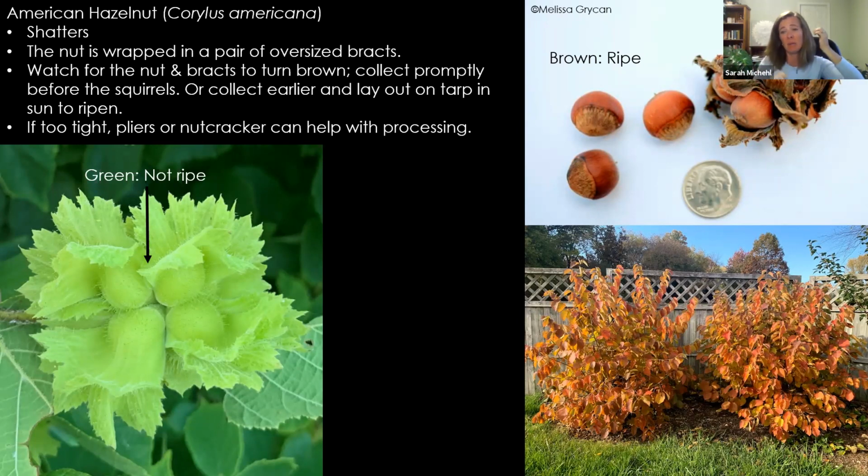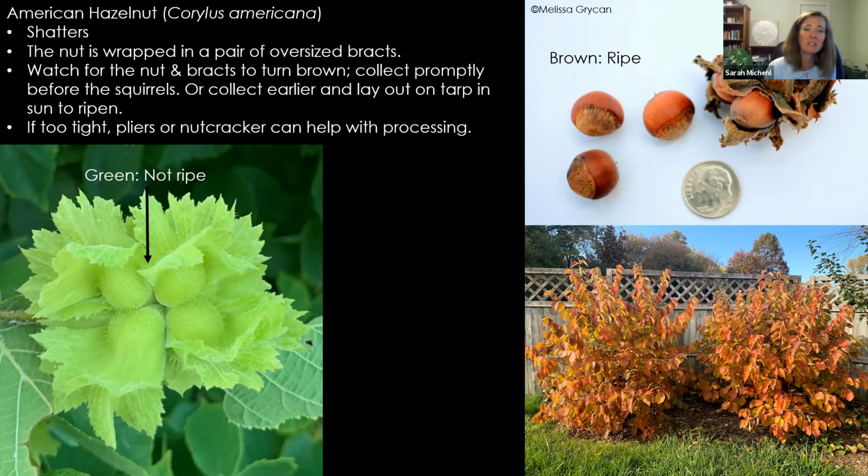Look at the image up in the upper right. You can see those eyelash looking things. They're called bracts. I can't say that word. Anyway, they start to get really brown and kind of dry and crumbly. And then the nut on the inside is that dark brownish red color.